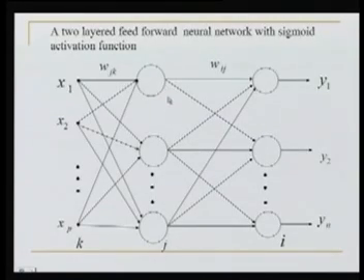The outputs of the hidden units are first computed, and using them, the outputs of the output layer are computed. Just for clarity, again I say all these neurons are sigmoidally activated, meaning they use the sigmoid activation function.